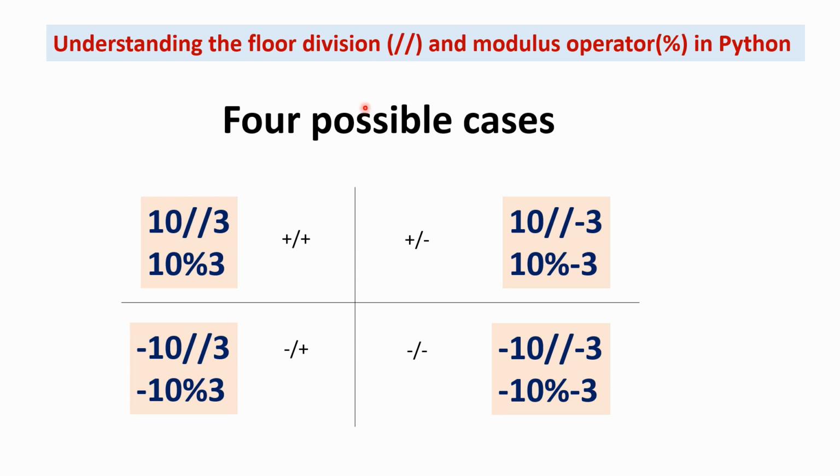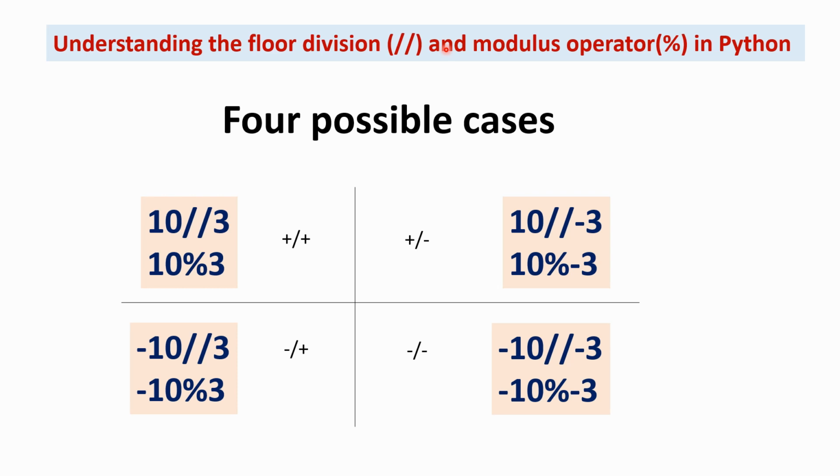You get 3.333 in Python, and after the point you have up to 16 places of digits after the decimal point. That is the accuracy which you get in Python. So for example, if I assume the number is 3.33, this is your division.